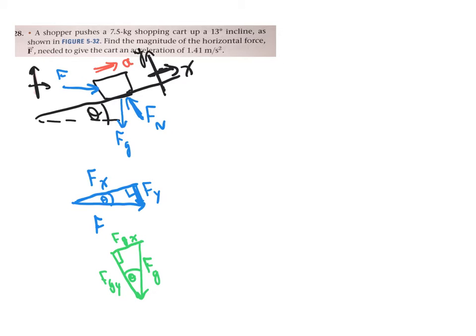But what it's going to allow us to do is take our free body diagram and now rebuild it with things that are either parallel to or perpendicular to the axis that we've picked, which remember is x and y. So, for instance, we still have the acceleration going straight up the incline.